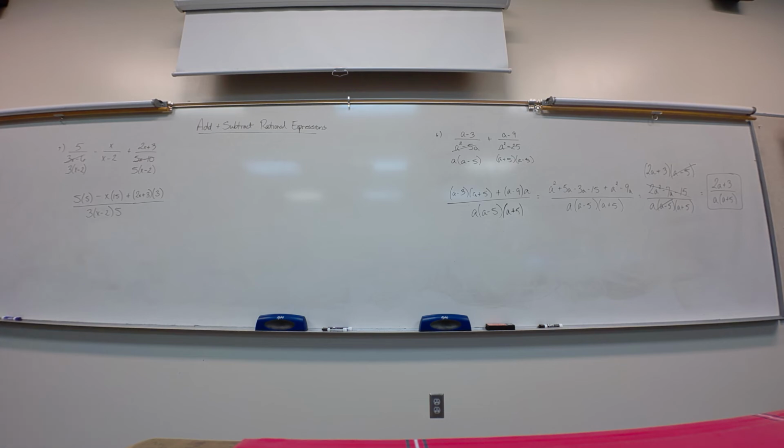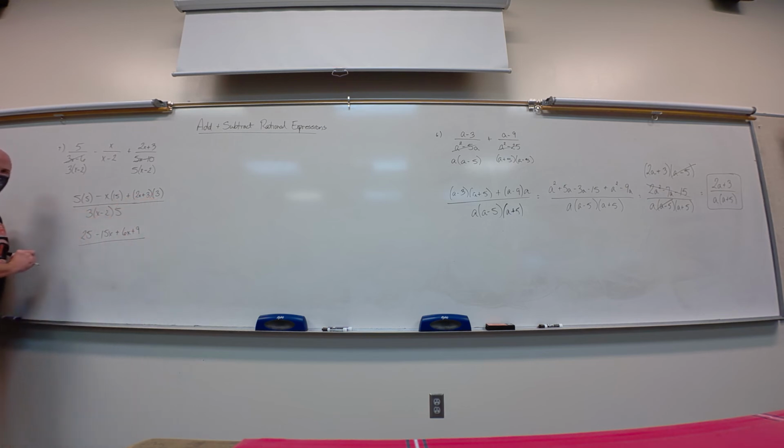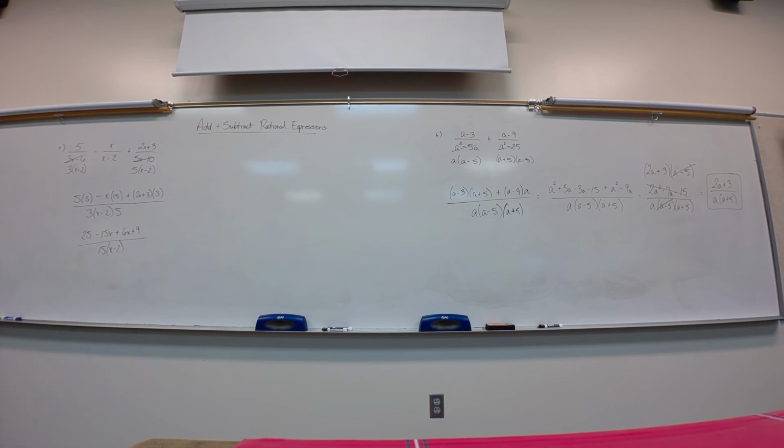Having 3 things to add or subtract isn't making it any more difficult. It's the same process. Don't let that get to you. It doesn't matter how many fractions we're adding or subtracting. Now let's work to simplify it. That's 25 minus 15x plus 6x plus 9 over, I'll go ahead and make that a 15, 3 times 5 is 15, 15 times x minus 2.